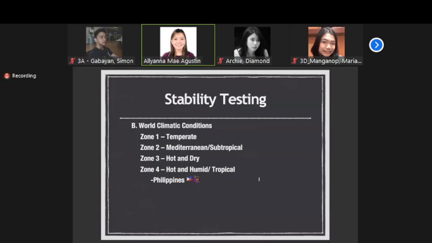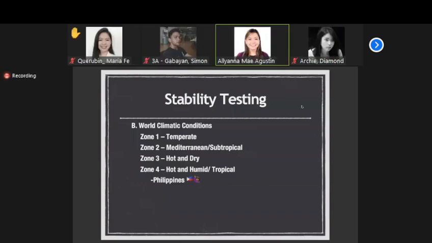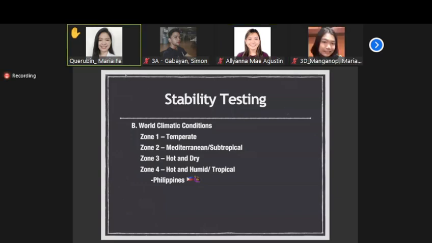Okay. So bakit important ang climate conditions? The stability testing. Bakit important? Sige. Kerubin. Kasi yung room temperature po natin, ma'am, is different from the others. Medyo like a little bit higher or lower sila.